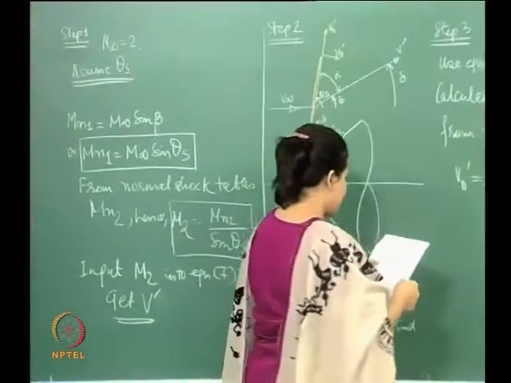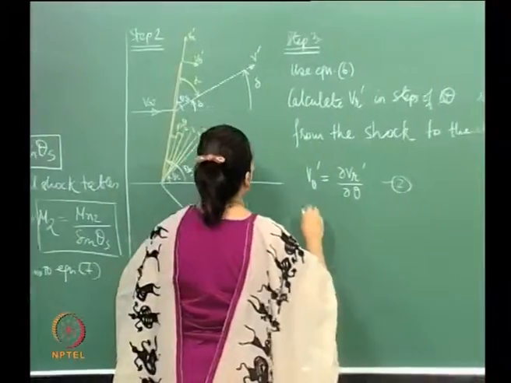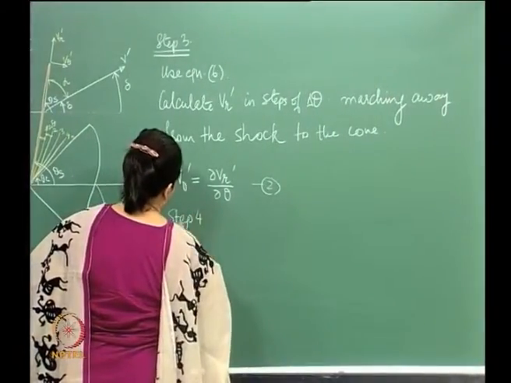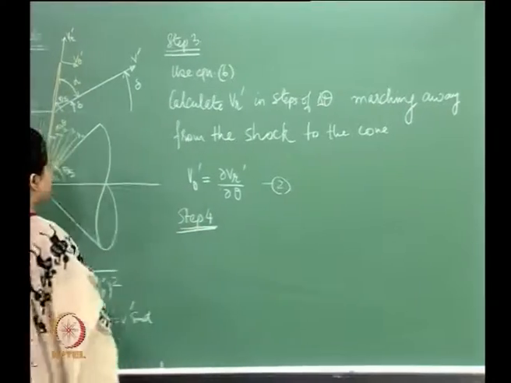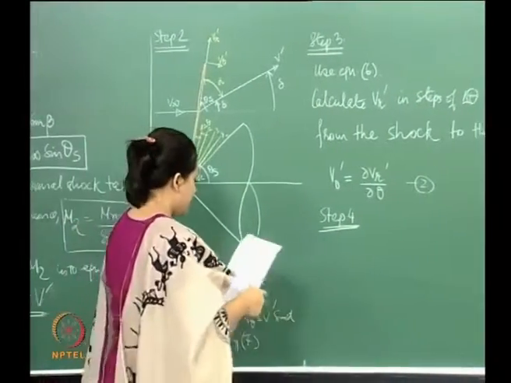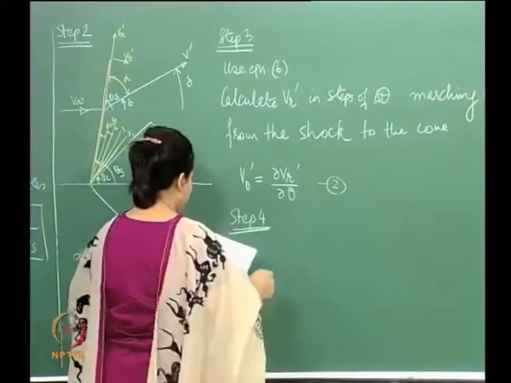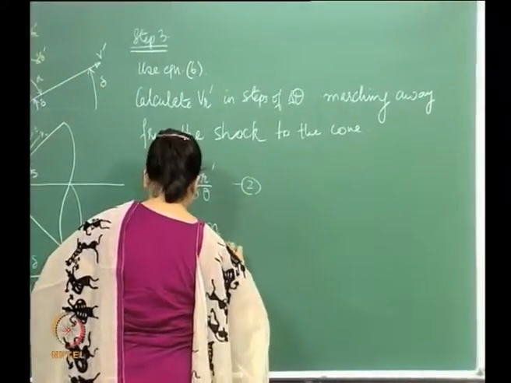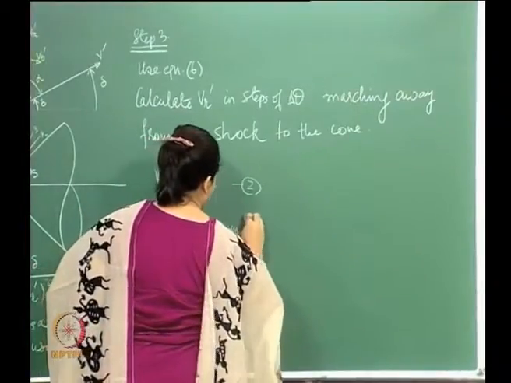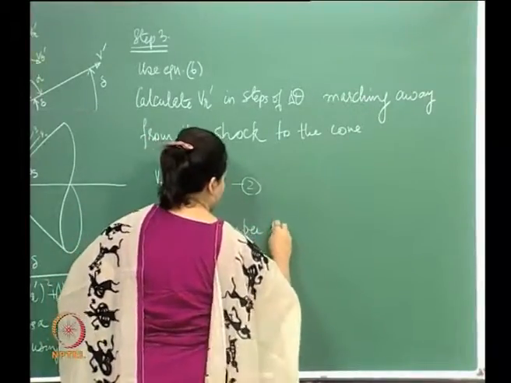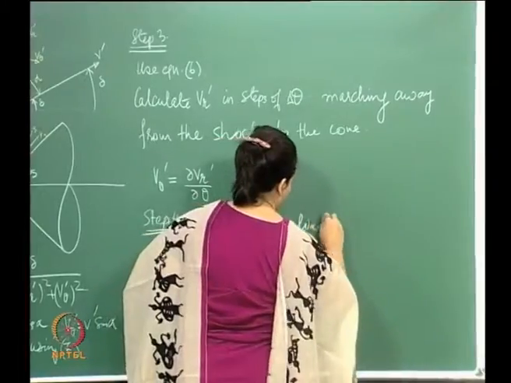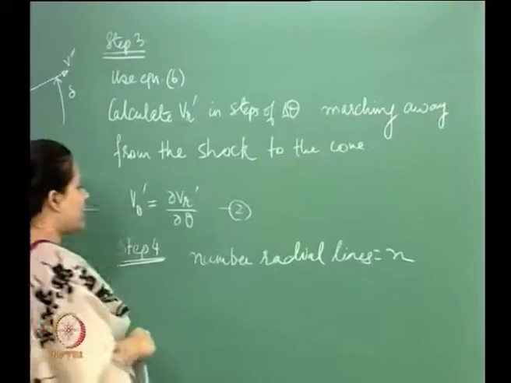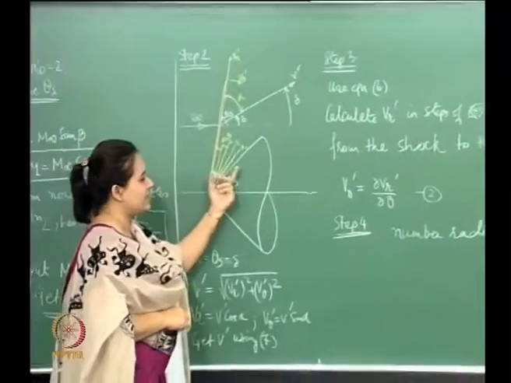Okay. So, let us say this is step 4. Okay. So, now say we take n number of radial lines between here, say n.